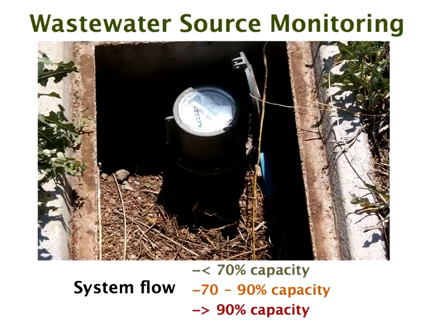If you're getting over 90% of design capacity, you're running into a risk level, and probably something is wrong. There's probably leaking toilets, or something's leaking, or there's 3 families in a single family home, or something's going on that shouldn't be going on. So that will need investigation. But that's very important in the maintenance, to check the actual loading versus the design loading.